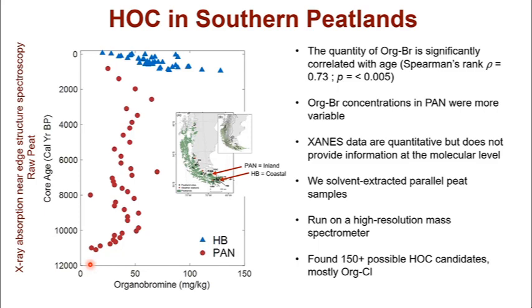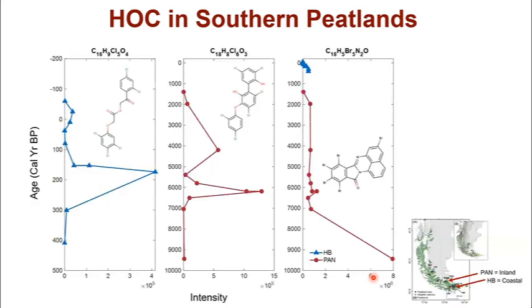So there might be some decoupling there, just as a caution. We ran that on the QTOF in my lab and found more than 150 possible HOC candidates, and this time mostly chlorinated, I guess because they are on land. But we do find some brominated candidates.